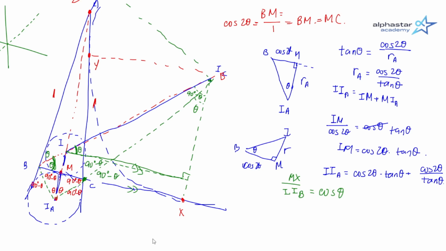So for example, we can write the relation: notice that CX equals CY, because there are two tangent lines from C. And then similarly, AY equals AZ, because there are tangents to this circle through A.